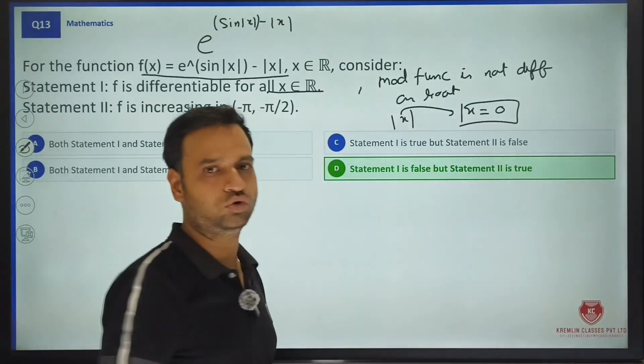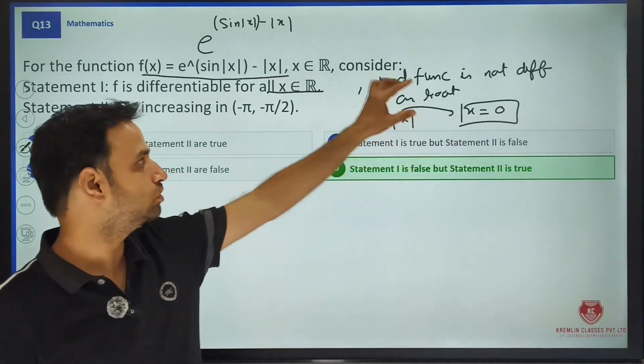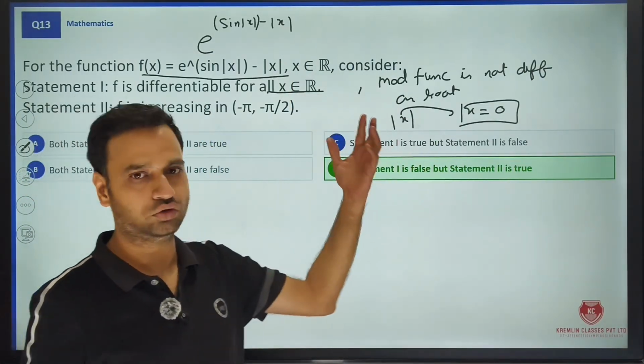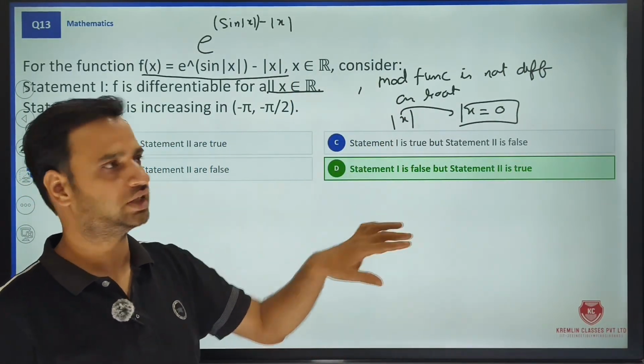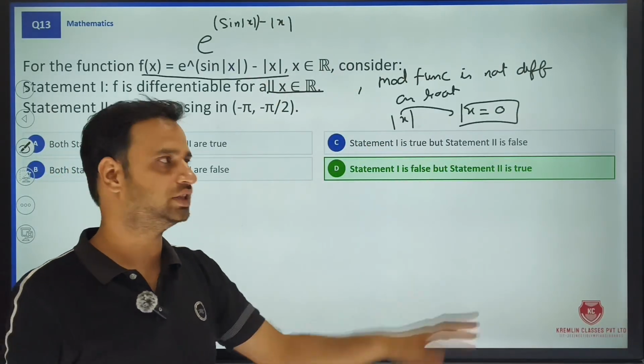So the mod x is clearly not differentiable at x equal to 0. So this function is also not differentiable at x equal to 0. We can also see by the full procedure of LHD, RHD, but here we are seeing it clearly, so we need not solve LHD and RHD.